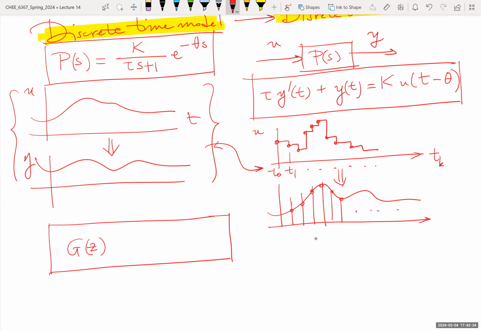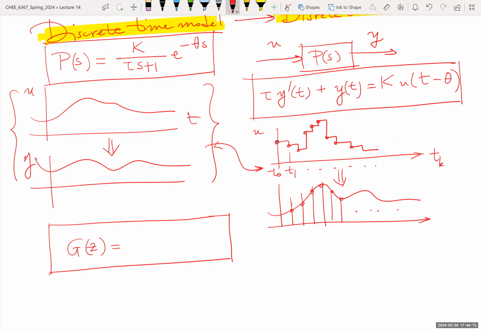Keep going. It turns out that this equation here, which is in continuous time in the Laplace domain, connects this continuous signal with that continuous signal. Well, I can have an exact counterpart that connects only the dots, according to a transfer function that has the following simple form, and this is in equations 31 and 32 in the notes on page 20. I'm just going to copy it from there.